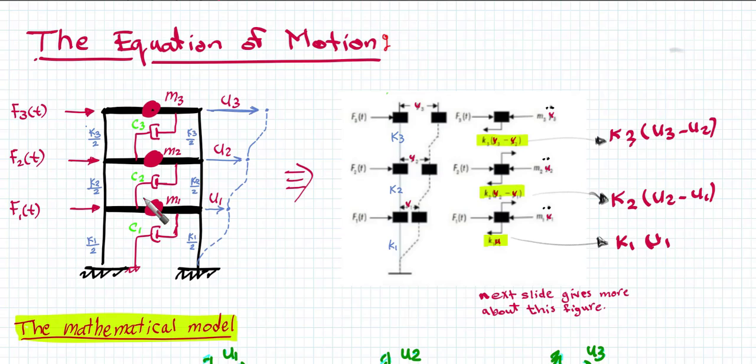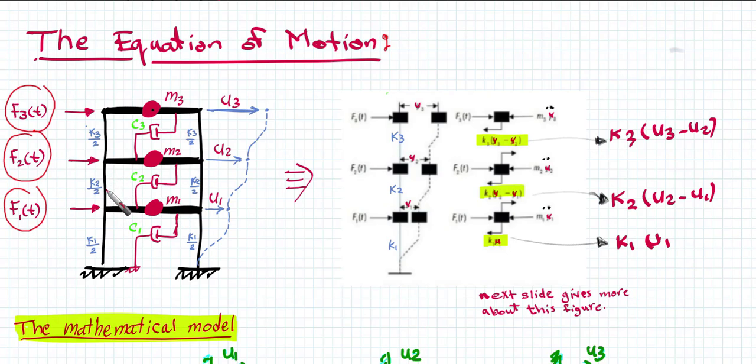If we have a shear building with masses concentrated at floor levels, this means that we are going to have mass M1, M2, and M3 at floor levels 1, 2, and 3. And then we are going to have forces applied on the system, which are horizontal forces also applied at the floor levels.